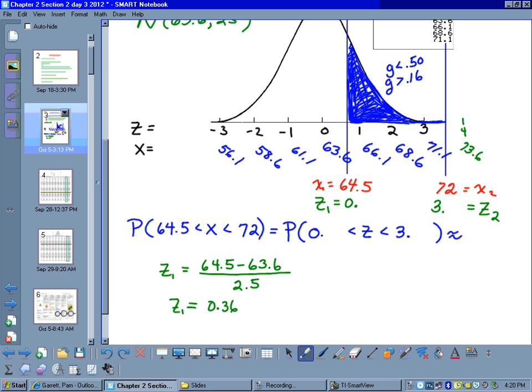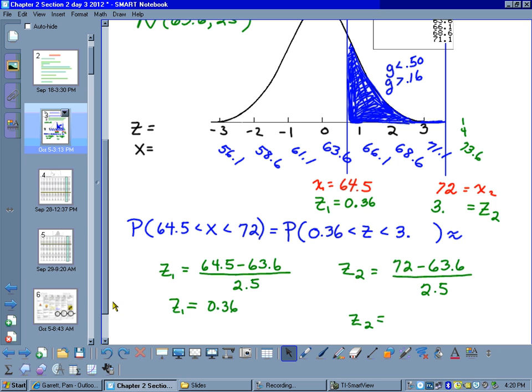So that matches up with my guess right here. And I can fill it in to this spot. For my second z-score, I'm going to take 72 inches minus 63.6 inches divided by 2.5.